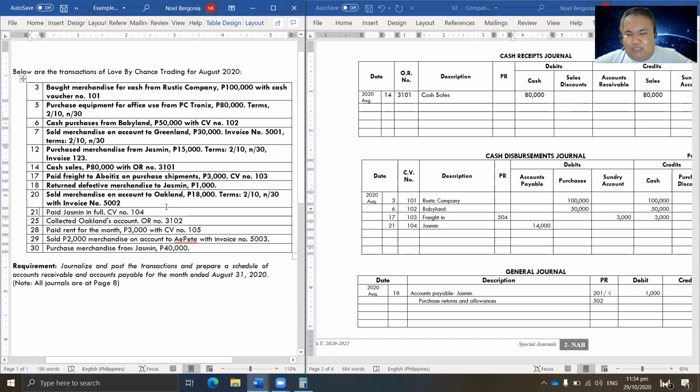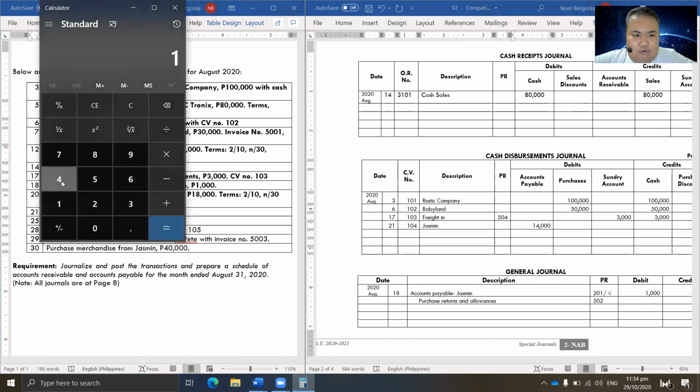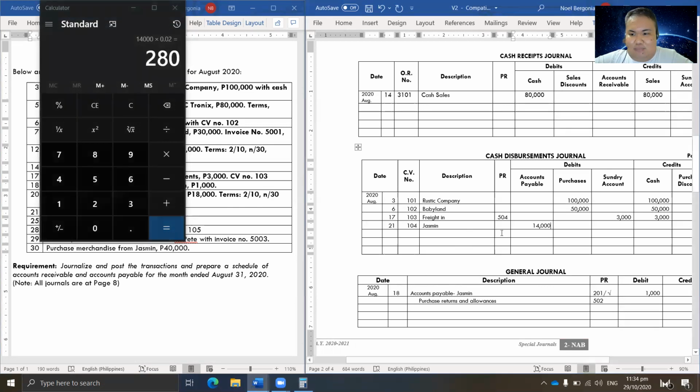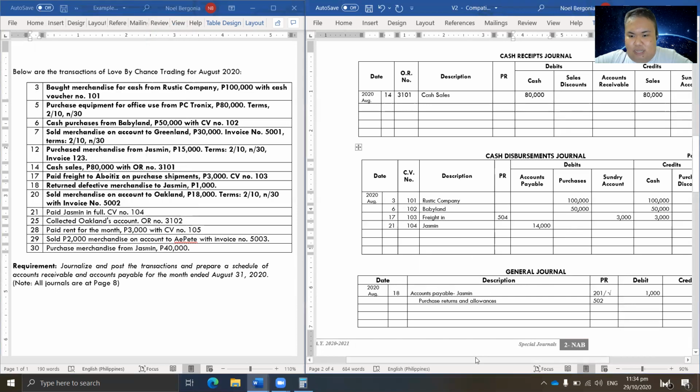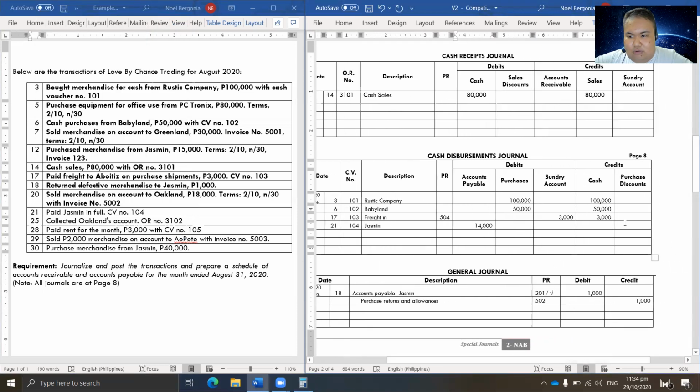Magkano po yung purchase discount natin? If we are going to compute, okay, so 14,000 times 2%, so 0.02. So the discount is 280. Okay, so dito po, anong gagawin natin? We have purchase discount na column. Okay, so that's 280 as computed kanina.